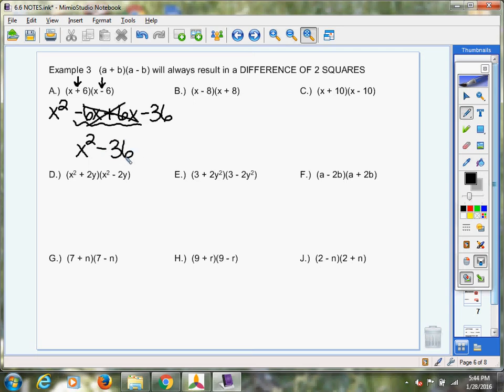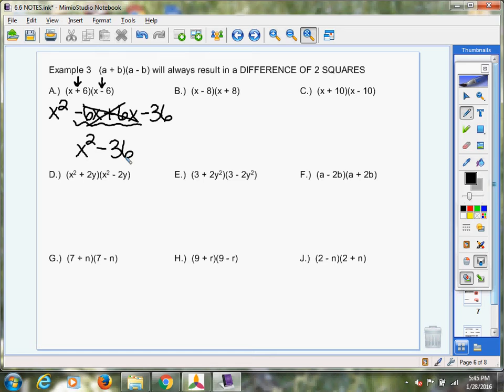And what we're going to see as we do each of these is every time we do them, outer and inner cancel. Outer and inner cancel every single time. So if you're comfortable at some point in time, we should be able to maybe take a shortcut.